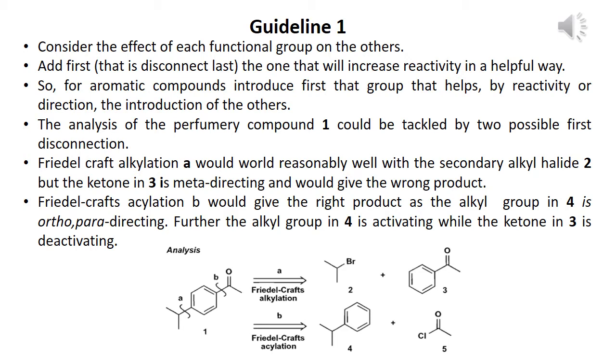Is it ortho directing, meta directing, para directing? So all these things should be kept in mind, that you shall be considering their reactivity, orientation, all the things before adding the group.